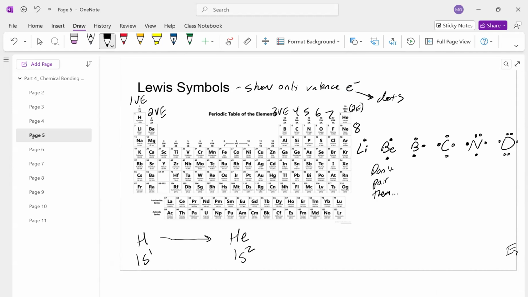Now, yes, helium does not have eight valence electrons, but it is part of the noble gases because it still has a filled valence shell. So those are just a couple of exceptions to the octet rule. But that's something you're going to hear me refer to a whole lot. And even in OChem, we're going to talk about the octet rule when it comes to bonding in chemical reactions.